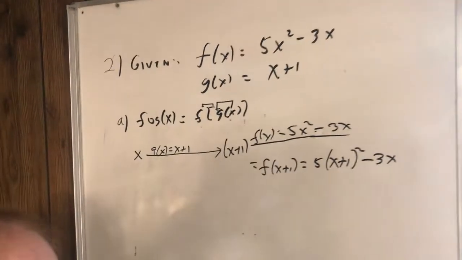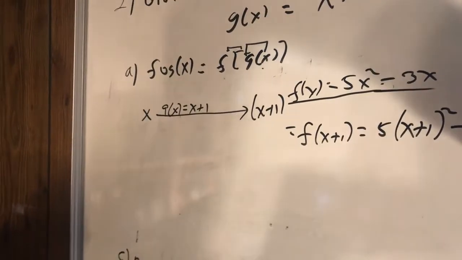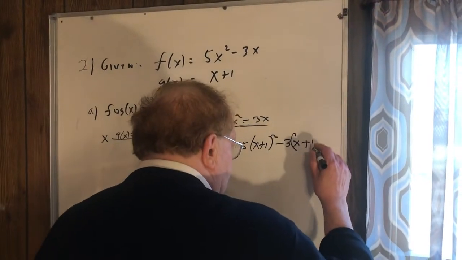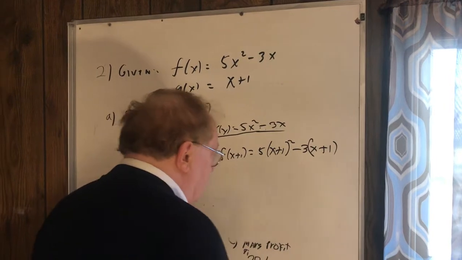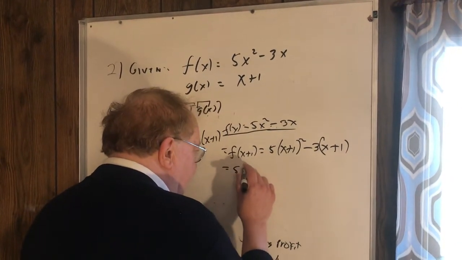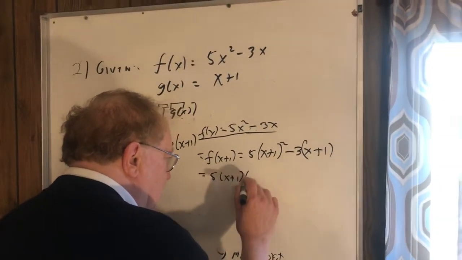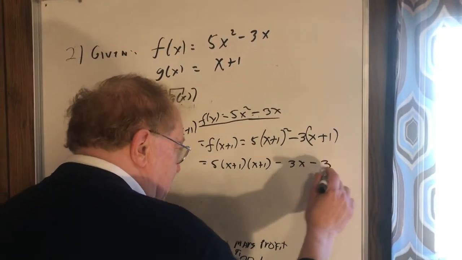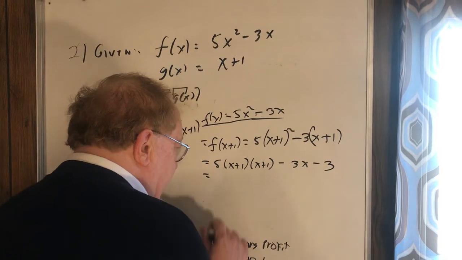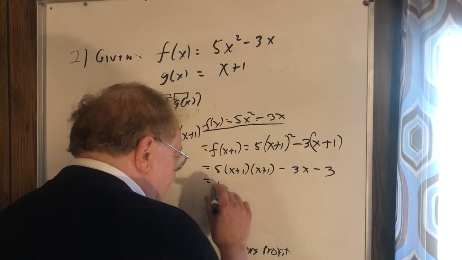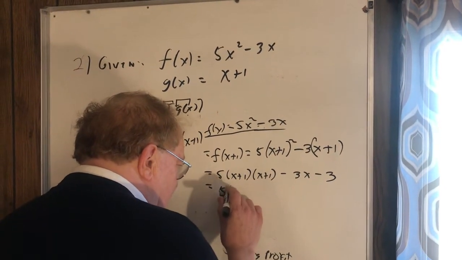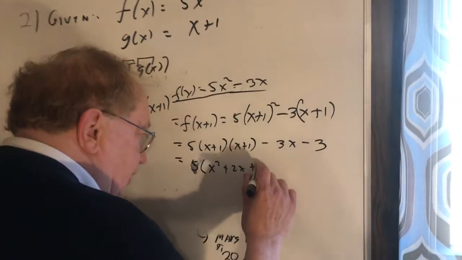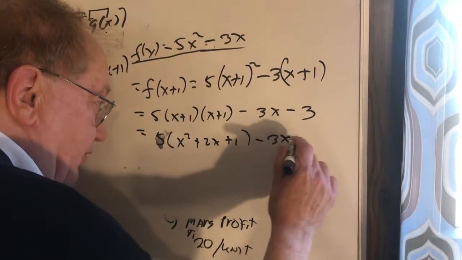Now if I asked you to simplify it, you would have to square this, x plus 1, and you would get 5 times x squared plus 2x plus 1, minus 3x minus 3.